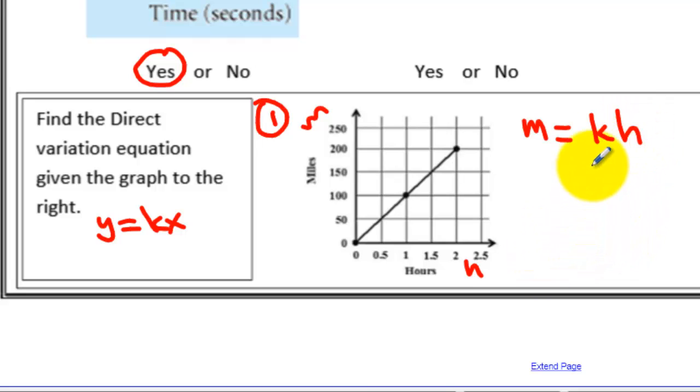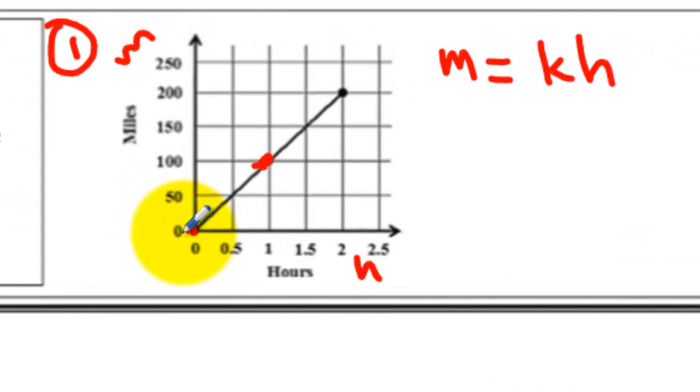The only problem here is that I don't have the k, the constant of variation, but k is just the slope of this line. So we can just find 2 points. We can use this point and this point here, and then find the change in y.